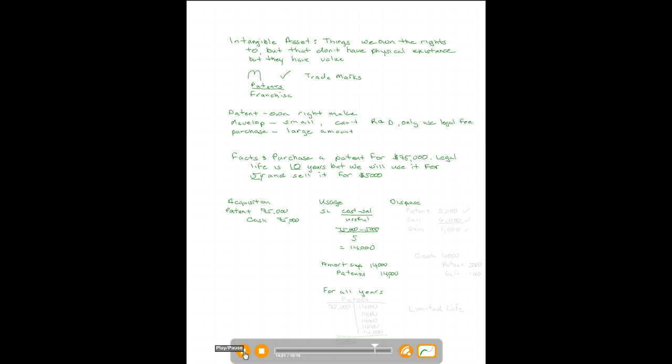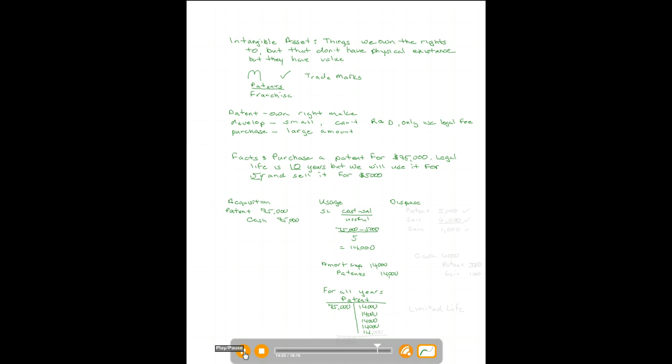What would the balance be in the patent account if this is what we did? Well, when we bought the patent, we would have debited it for cost, and then each year for 5 years we would remove the amortization expense.